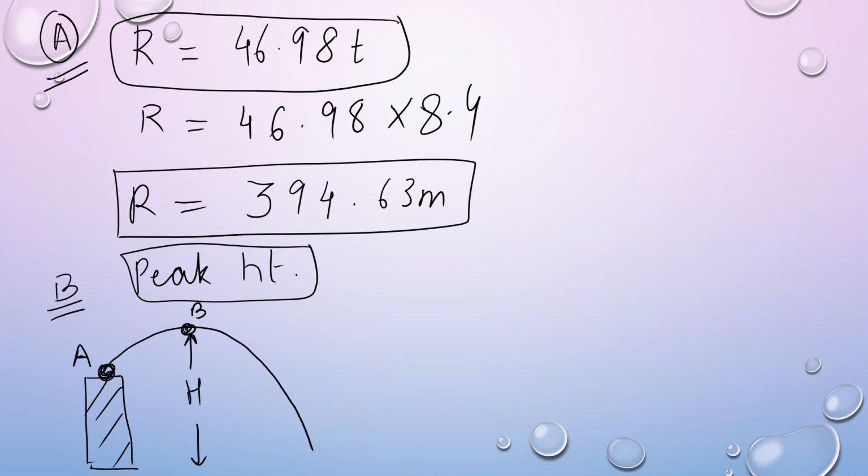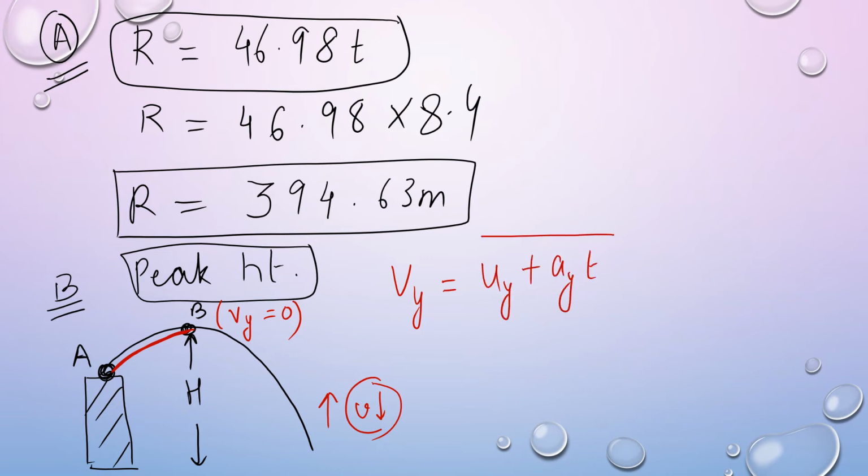Now let's just find the time the projectile takes to go from point A to B. At point B, at the highest point, the vertical component of velocity is 0 because you are going against the gravity. So when you go against the gravity, your velocity first decreases, right? So let's find the time that it is going to take in going from point A to B.